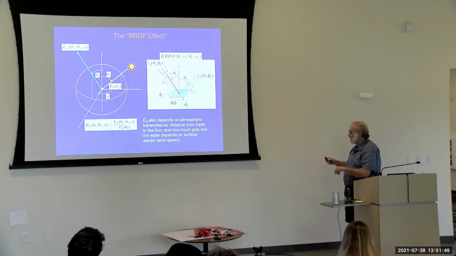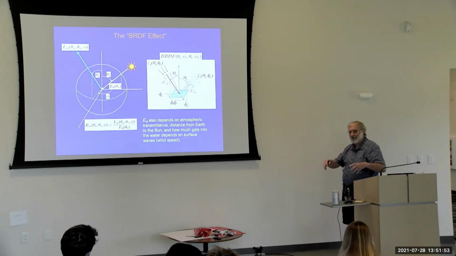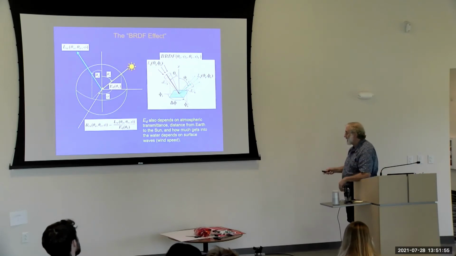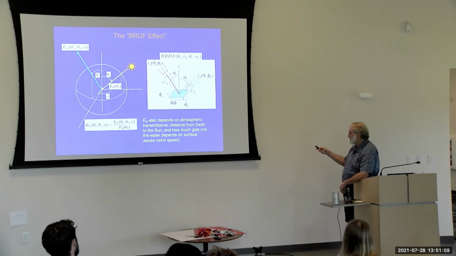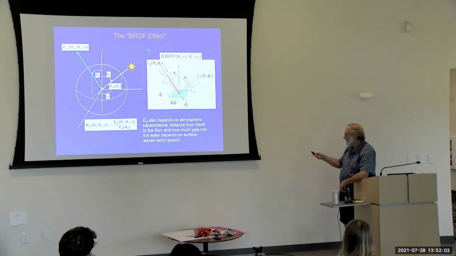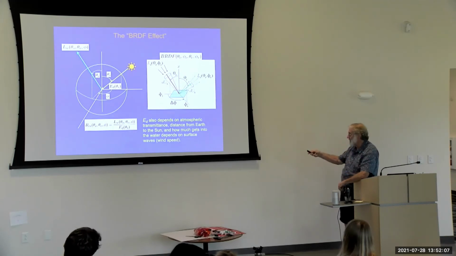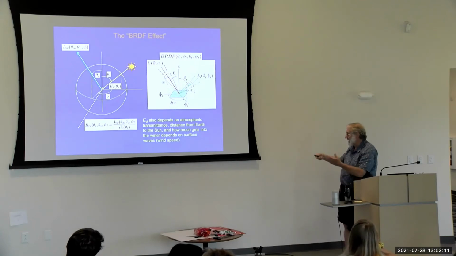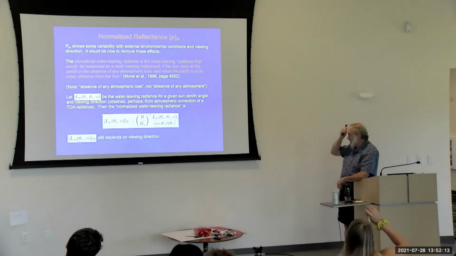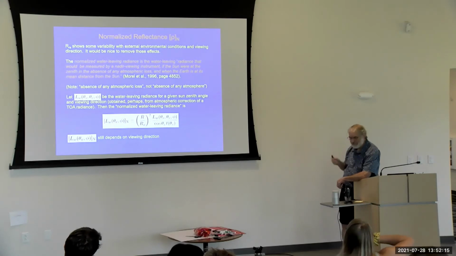It's basically the IOP for a surface as opposed to being an IOP for a volume of water. But basically you have light that comes in, it hits the surface, it reflects off, and you define this quantity. So that's telling you how reflection's going in from a given incident direction into a given reflected direction. And that's where this term BRDF effect comes in.